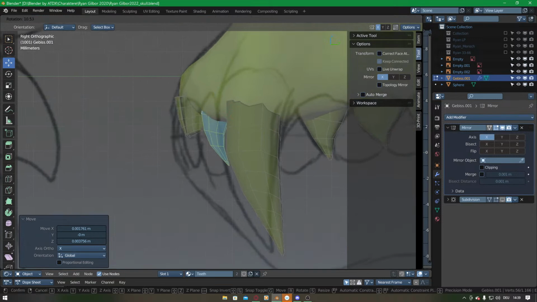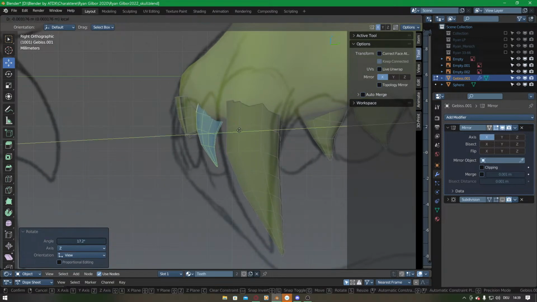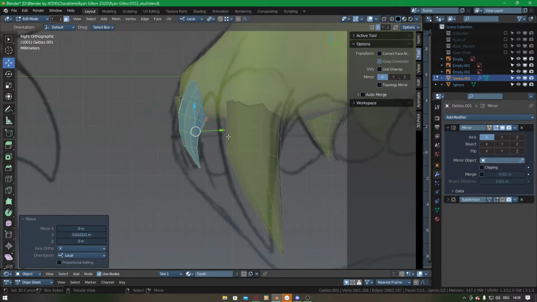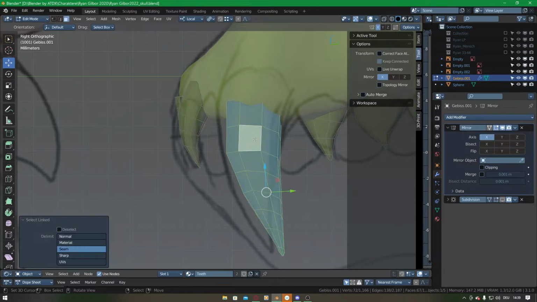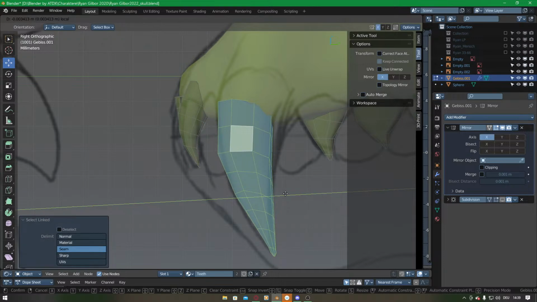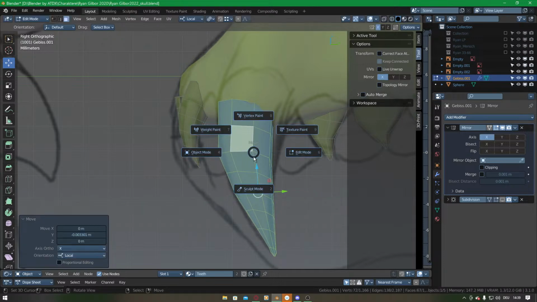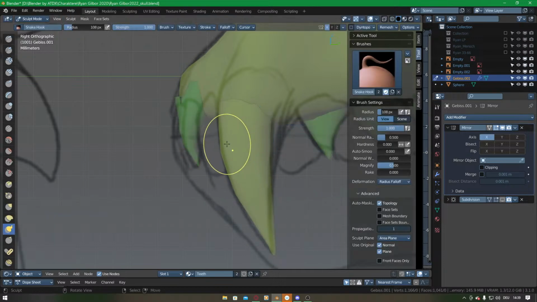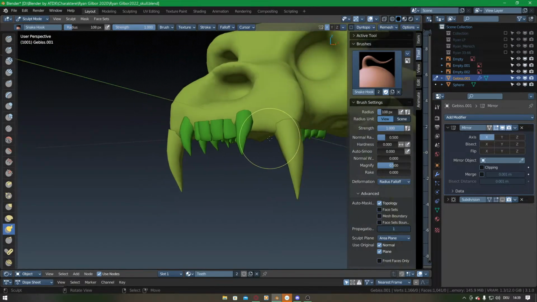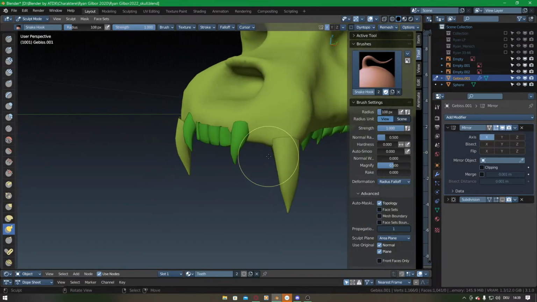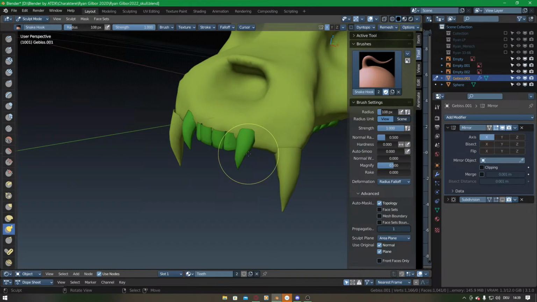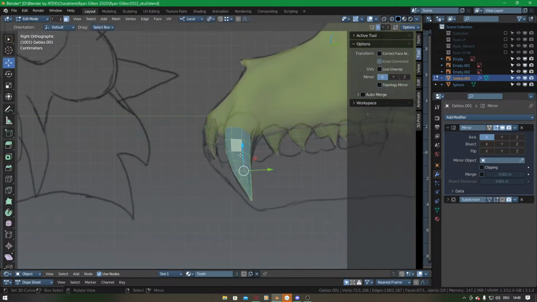And now I have to rotate it like that and push it forward like this. Whoa. Why does that tooth have other colors? It's an imposter.